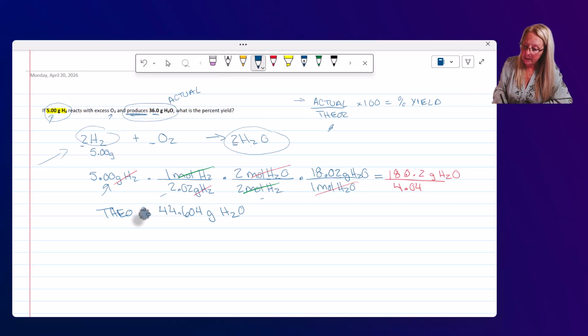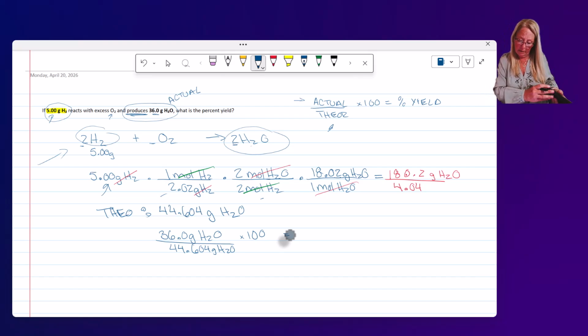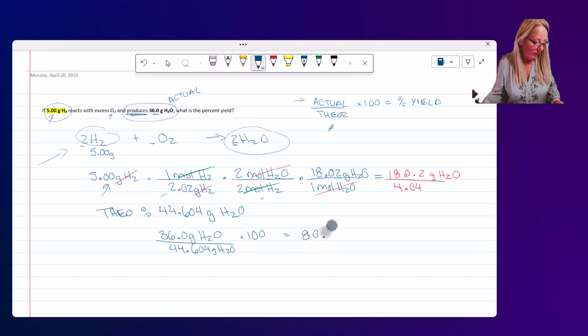So our percent yield then, our actual was 36.0 grams of water divided by 44.604 grams times 100. And that's 80.7103.